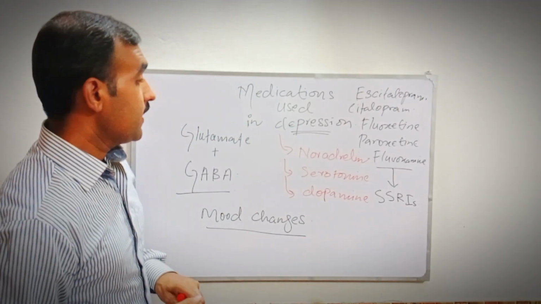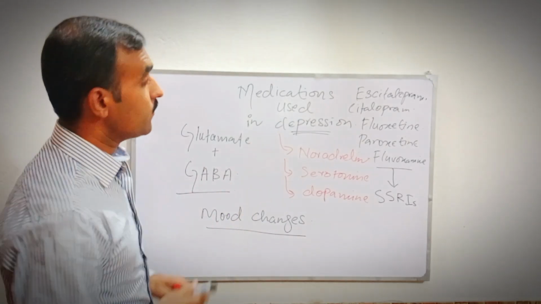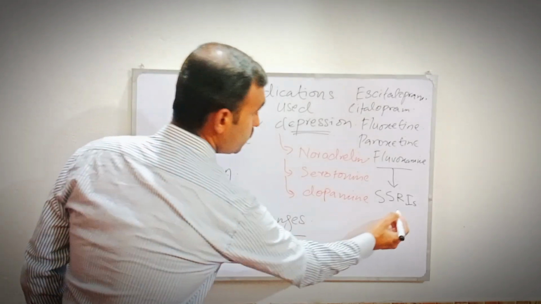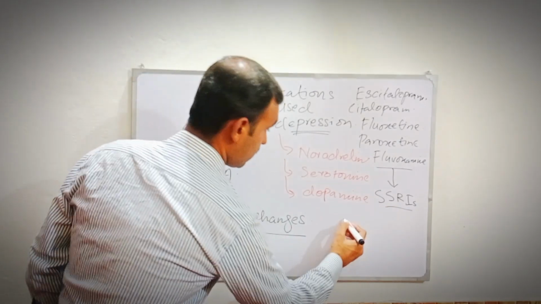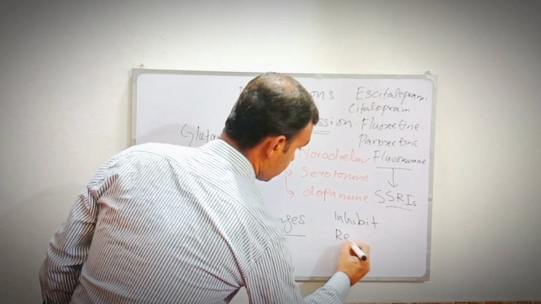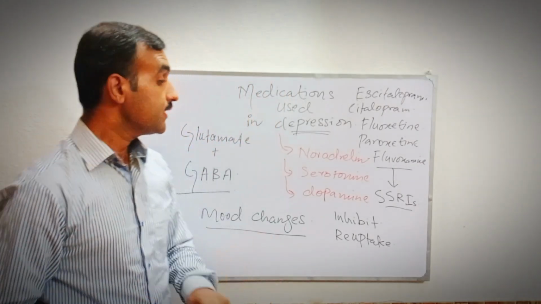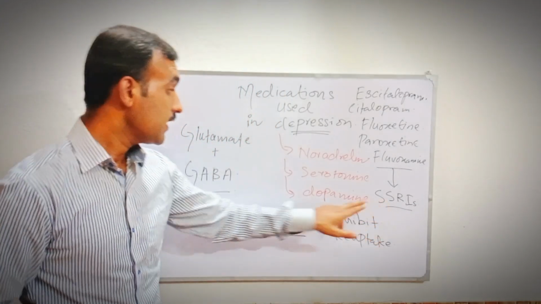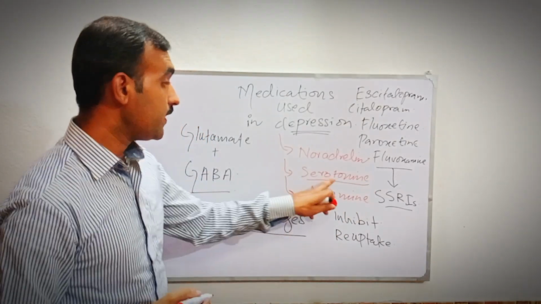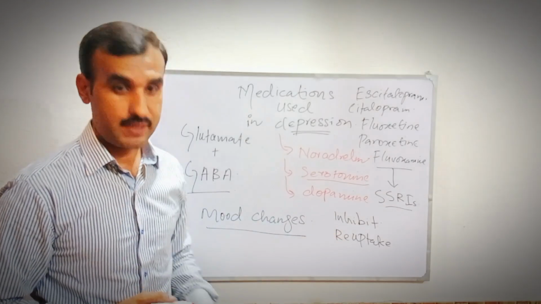Now guys, the main mechanism of action of these medications is that they will block or inhibit the reuptake of what? The reuptake of serotonin. I mean, this chemical will be inhibited by these drugs for reuptake.